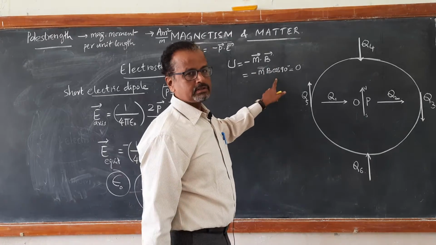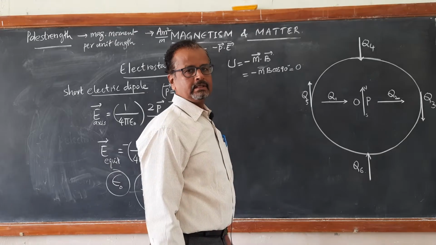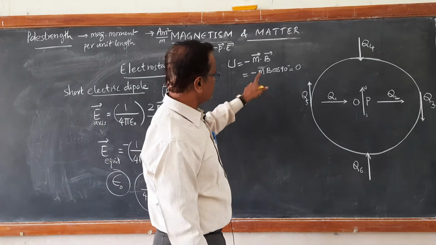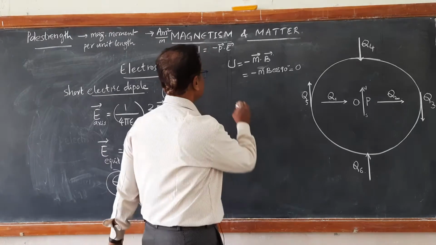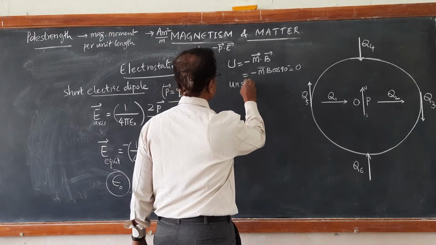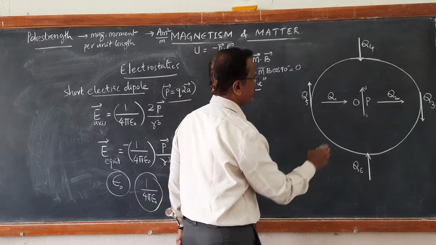Sin 90 is 1, cos 90 is 0. Potential energy 0 means it is having 0 potential energy, but it is not having negative potential energy. Therefore, it is in unstable position.